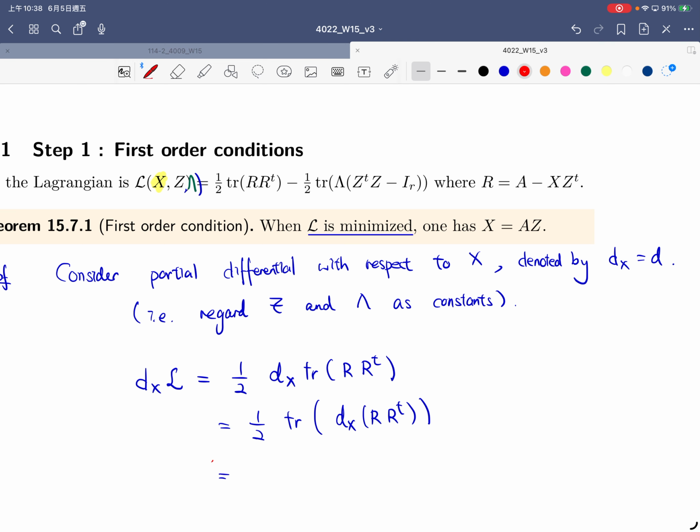You should check by using the product rule. That's why I introduced that 1 over 2 in the beginning, because when you compute the derivative correctly, there's a 2 appearing in the front, so they cancel. So you get just trace of R dR transpose.